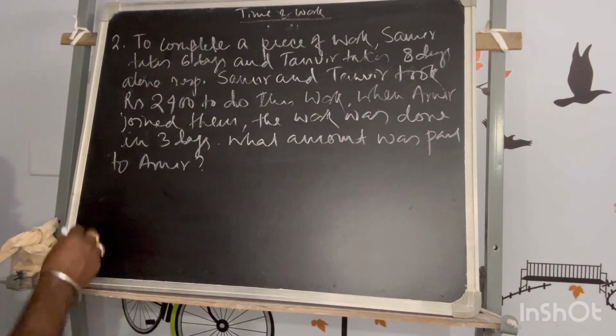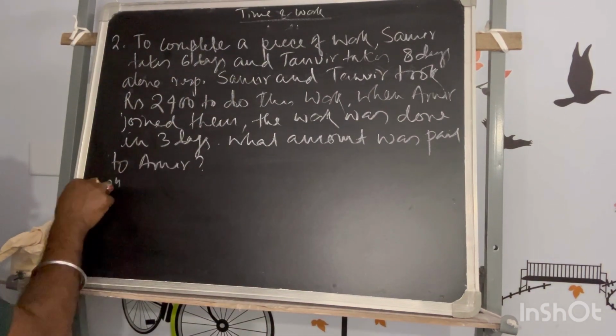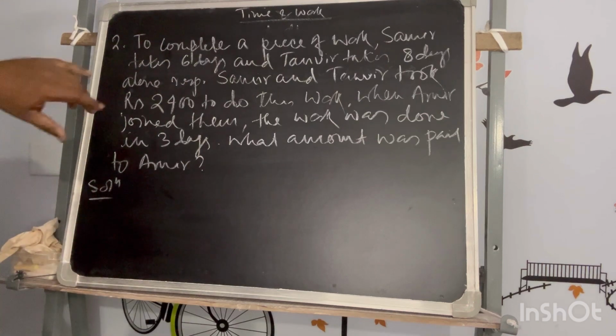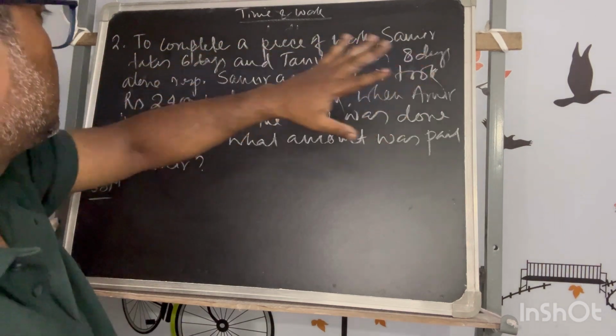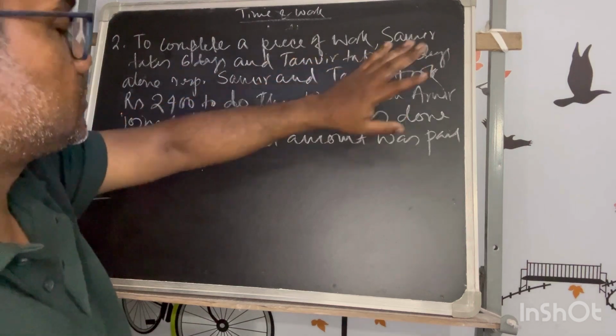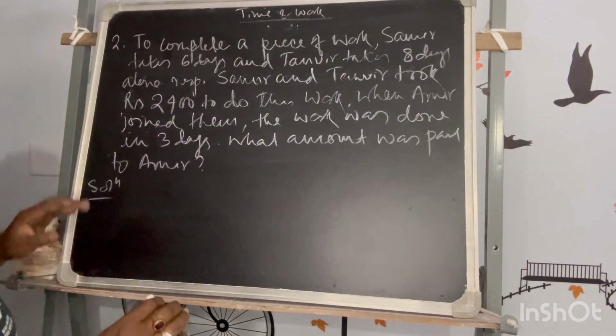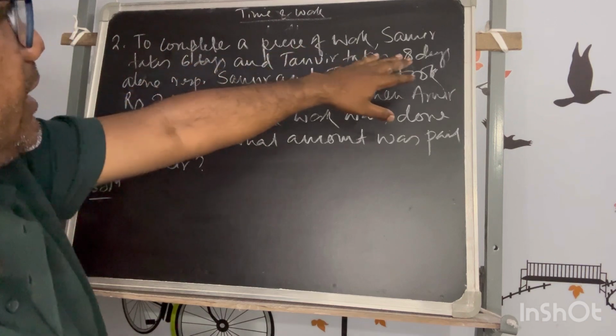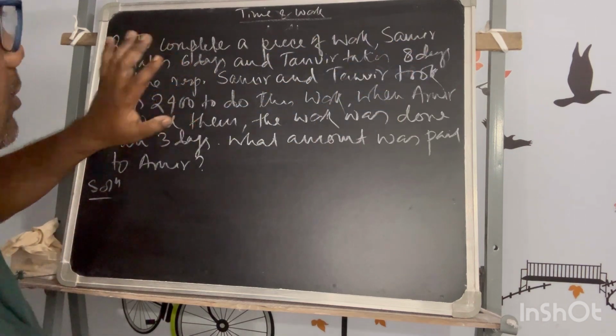Okay, so this is your second problem. Let me read it out again because I need to understand it prior to solving it. To complete a piece of work, Samir takes 6 days and Tanvir takes 8 days alone respectively.